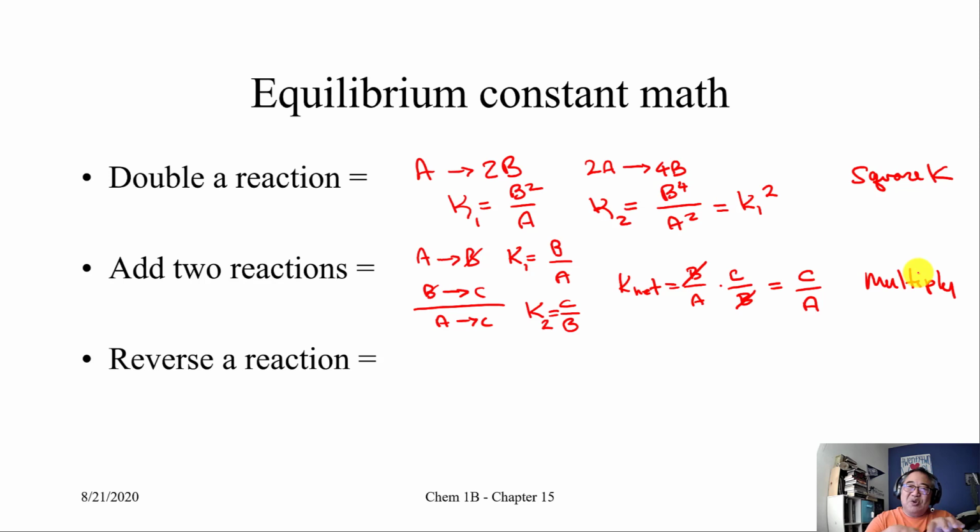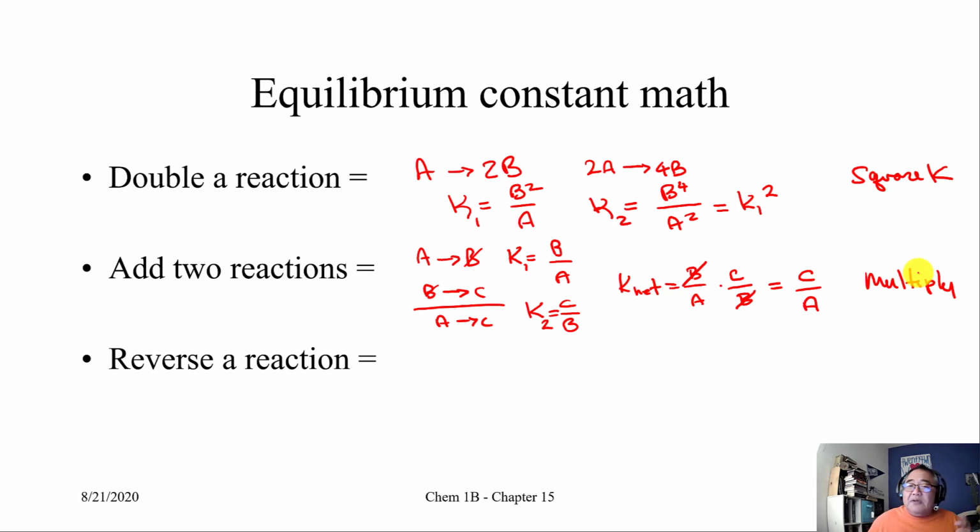If you subtract a reaction out, then you end up dividing. The math is a lot like logs. If you add two things, it's the multiplication of the values. If you divide two things, it's like subtracting the reactions. So there's that kind of relationship going on.